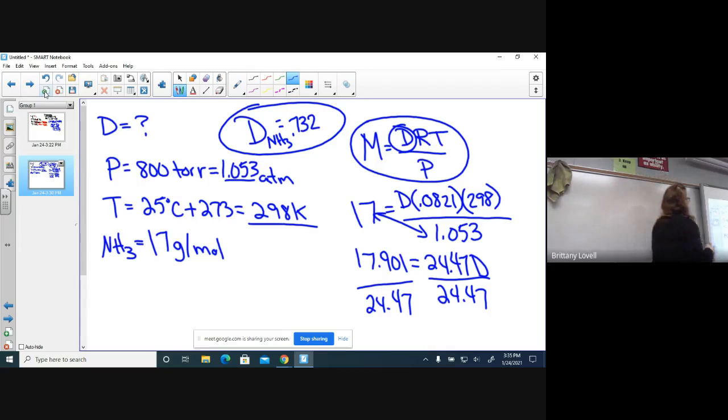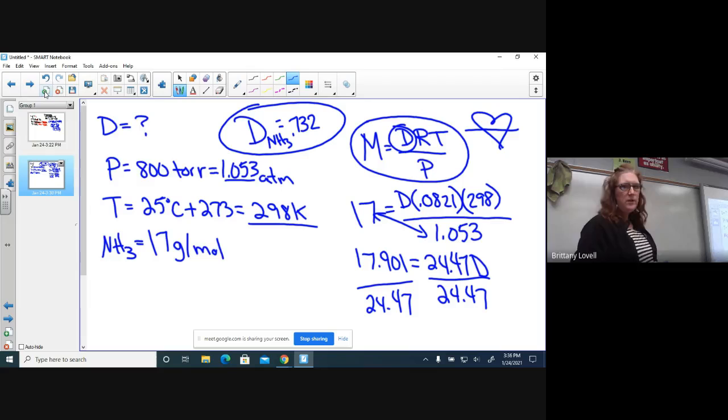Density is mass over volume. So if you're dealing with mass over volume, your units for density should be grams per liter. That's what we were dealing with here. So grams per liter. That's a decimal, by the way. 0.732 grams per liter.